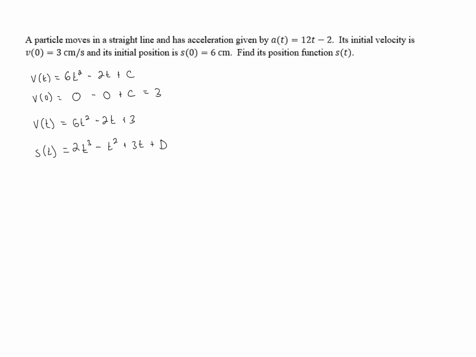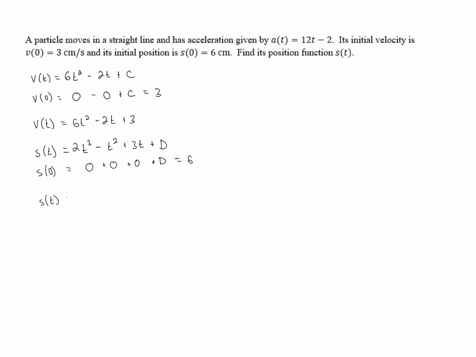And to figure out that constant, we know the initial position is 6 centimeters. So s(0), which is 0 plus 0 plus 0 plus d, equals 6. That tells us that the value of d here does happen to equal 6.